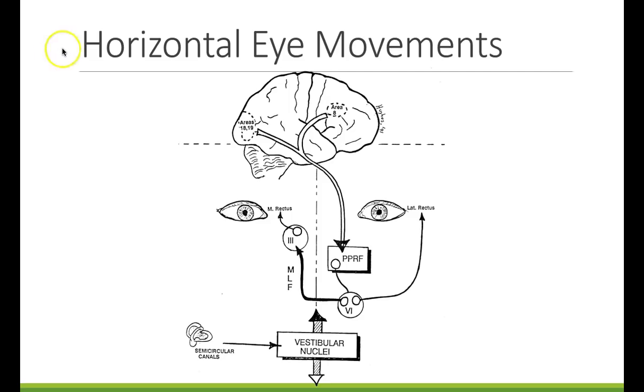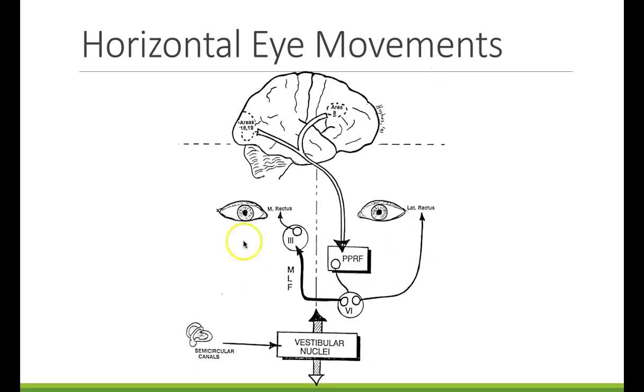The horizontal eye movements are controlled primarily by the cortex, which sends information to the PPRF. From the PPRF, signal is sent to the sixth nerve nucleus. The sixth nerve nucleus sends out two signals in response to a call for a gaze deviation.